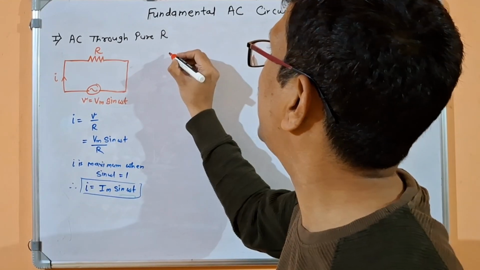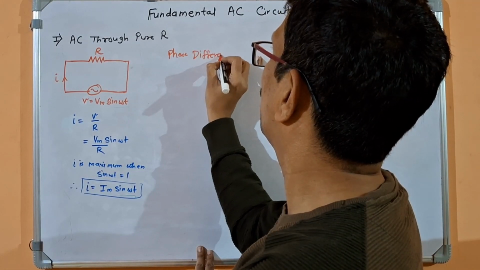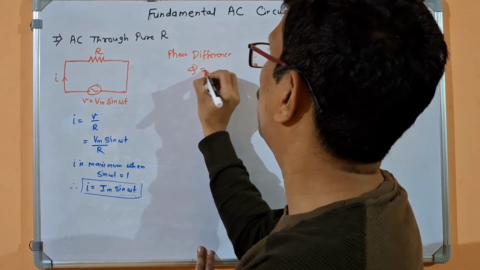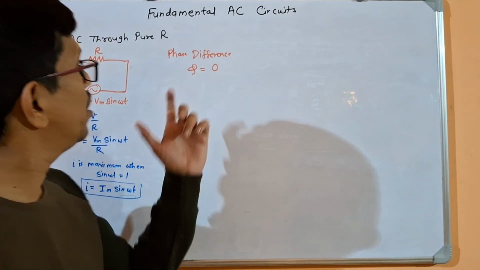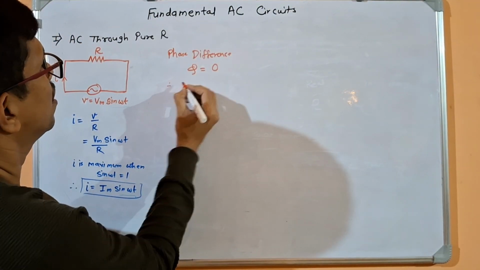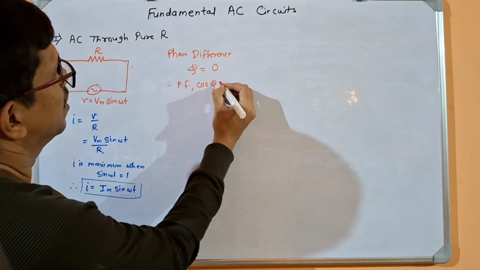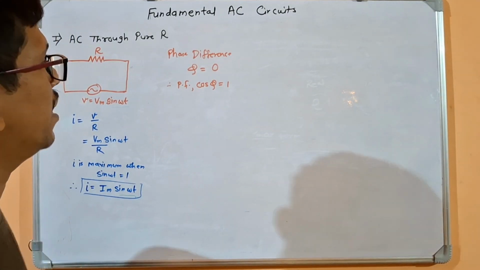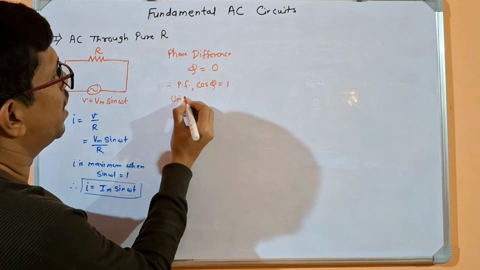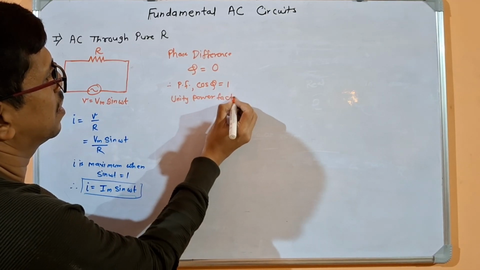So we can say that the phase difference phi between voltage and current is 0, and therefore the power factor of this circuit, cos phi, is equal to 1, because cos 0 is 1, and that's why this circuit is called a unity power factor circuit.